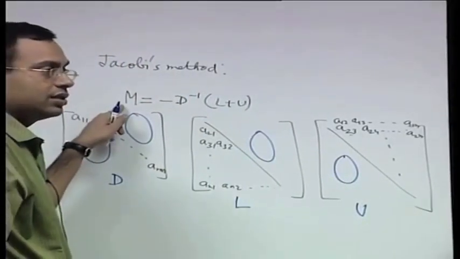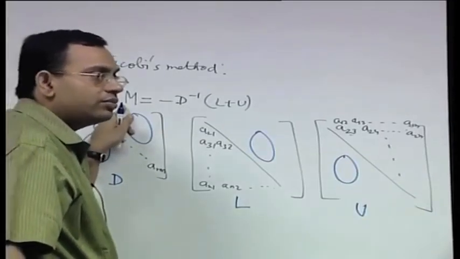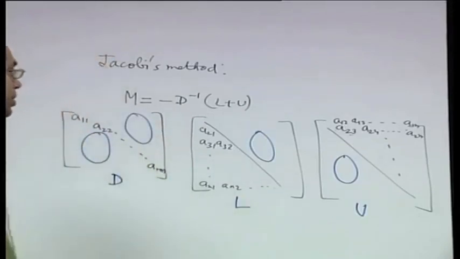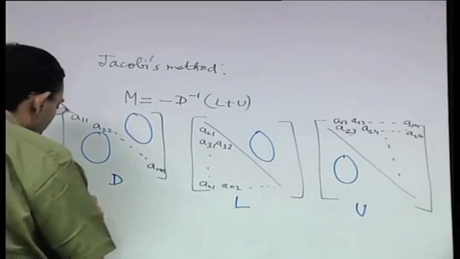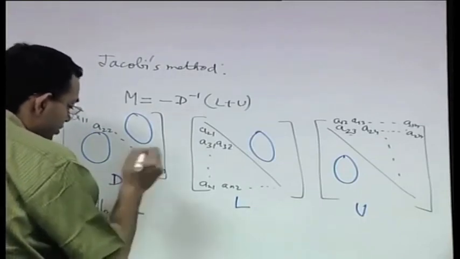Now, if you want to calculate the norm of this one, you can calculate either the column sum norm or the row sum norm. Let us consider the row sum norm as an example.